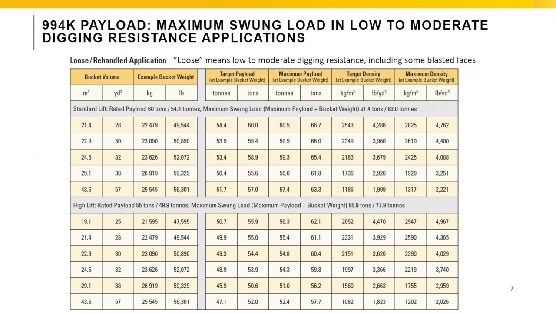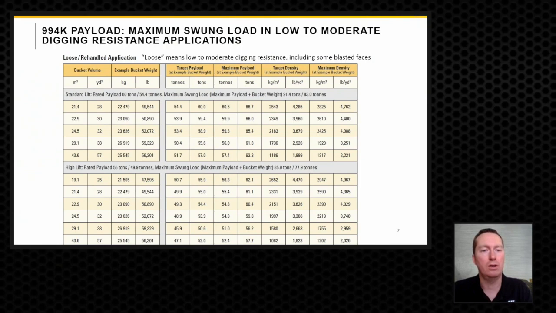Defining loose, what that really means is low to moderate digging resistance, and that's where we can collaborate with you using videos and cycle time to understand exactly what digging conditions you have, so that we can figure out, can we go all the way to the upper end, to the top of the new rated payload in this application, or does it make sense to be kind of halfway in between the face and the loose rated payloads?